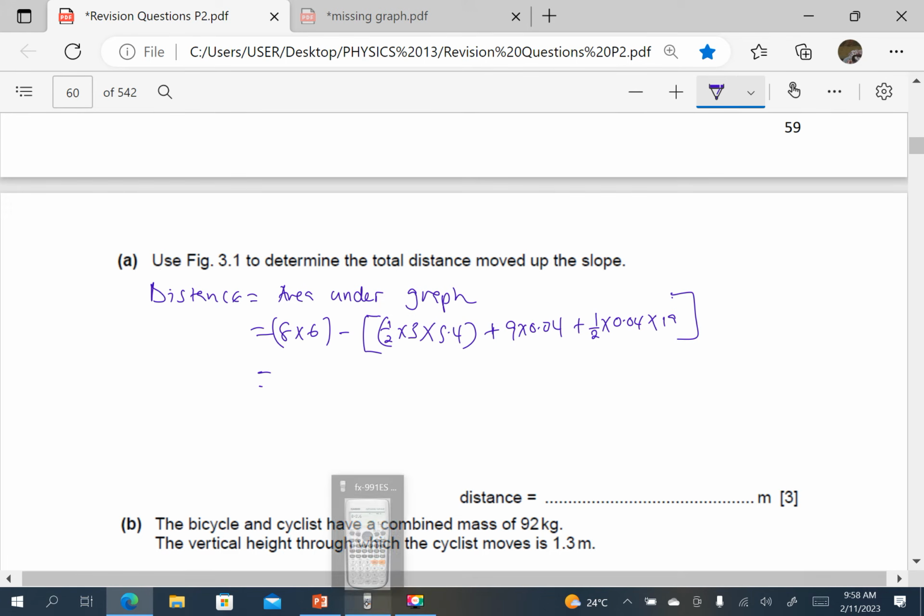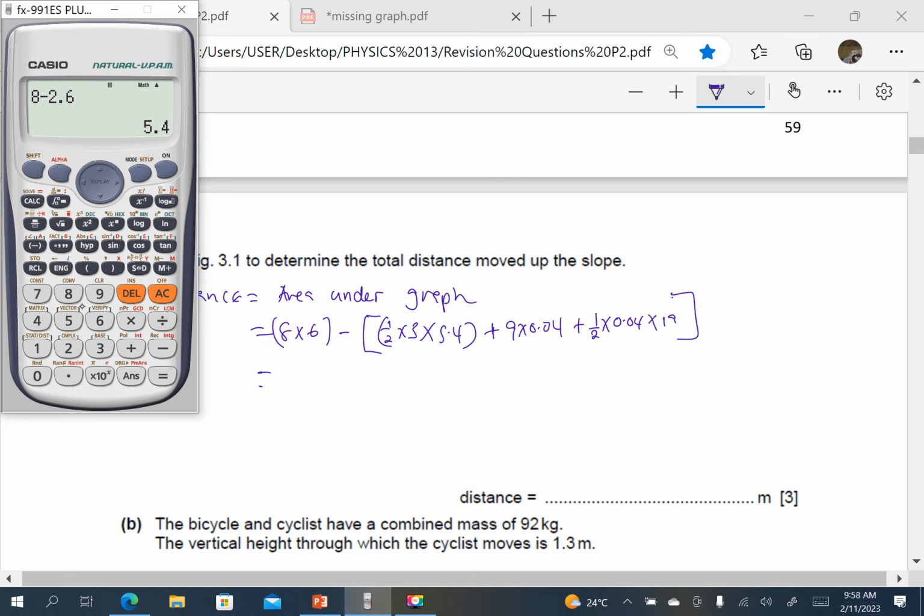So I'm subtracting. I'll just say 8 times 6 minus, open brackets, 0.5 times 3 times 5.4, plus, I open another bracket, 9 times 0.04, plus I open another bracket, which is 0.5 times 0.04 times 19.